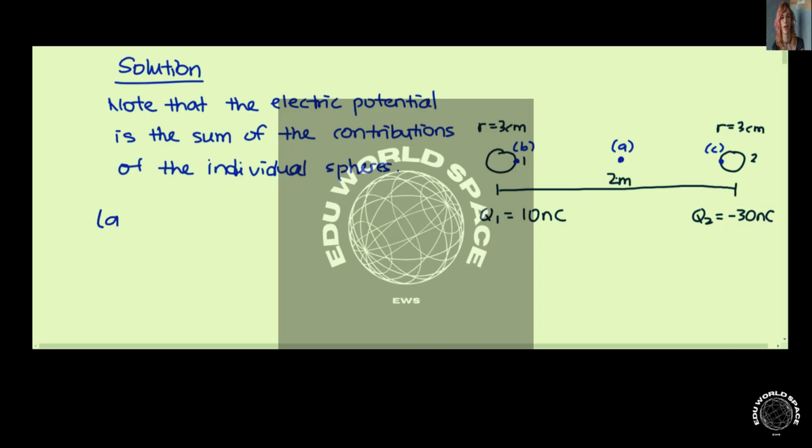So in part A, at the midpoint, we have V equals V1 plus V2.